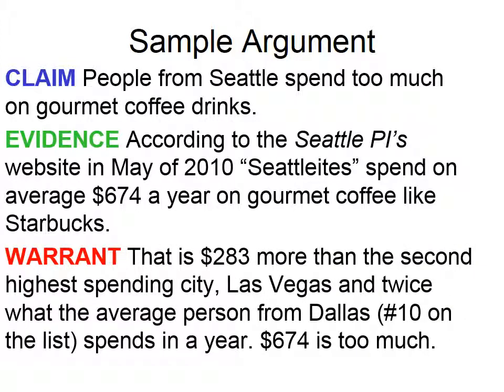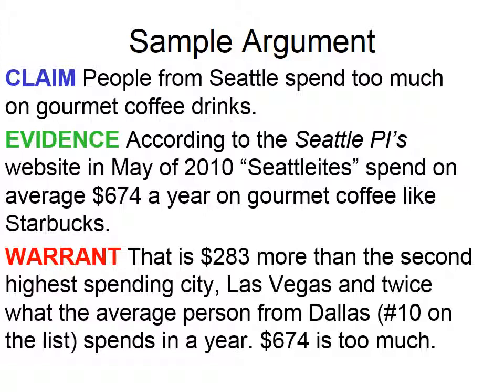That is $283 more than the second highest spending city, Las Vegas, and twice what the average person from Dallas, number 10 on the list, spends in a year. $674 is too much. So we have a claim, a statement that the speaker wants the audience to reach. We provide evidence supporting that claim, and we provide a warrant that connects the two.